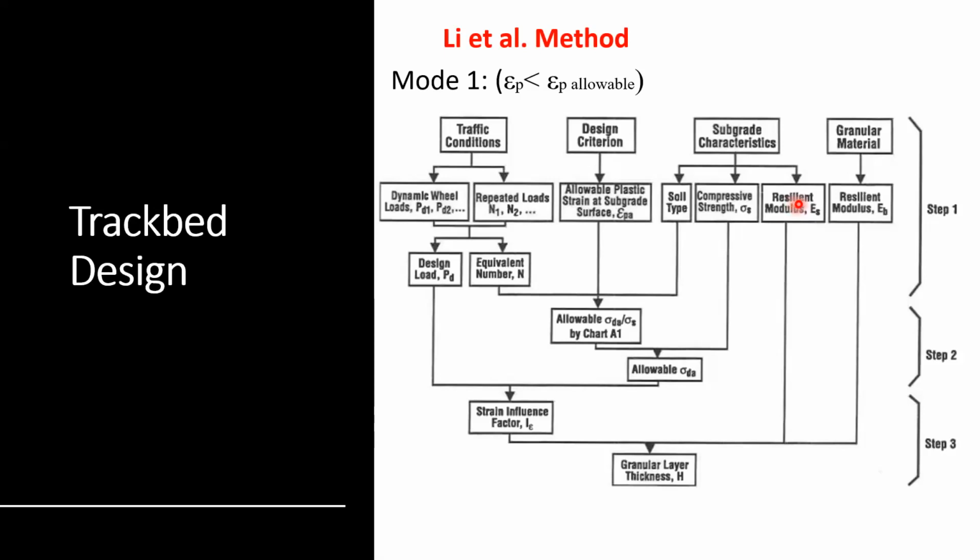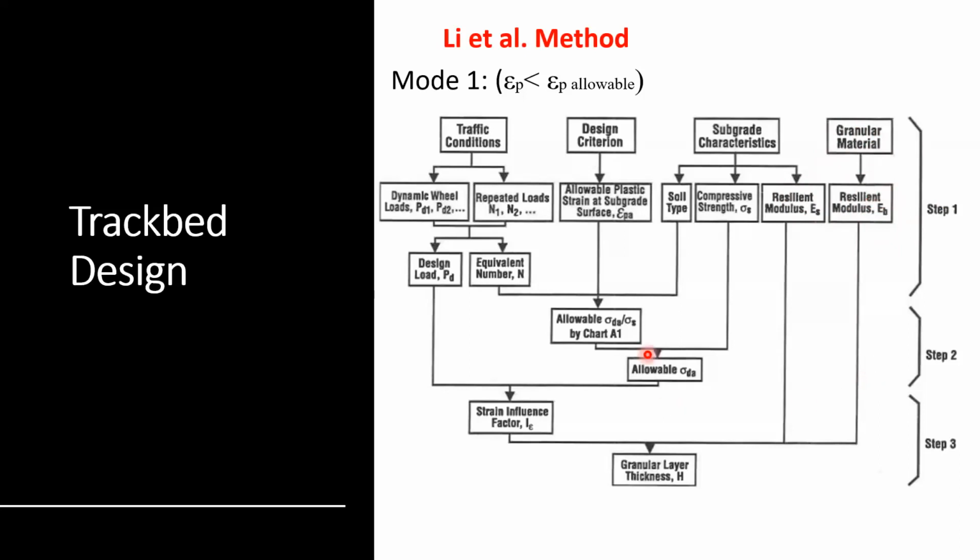So you can always rely on this when you're dealing with silt clay or silt clay like materials to get a sense of your resilient modulus. The granular material resilient modulus values are usually given in your design specifications. These are target resilient moduli, usually significantly higher than the soils, just because of the crushed rock nature of your granular material.